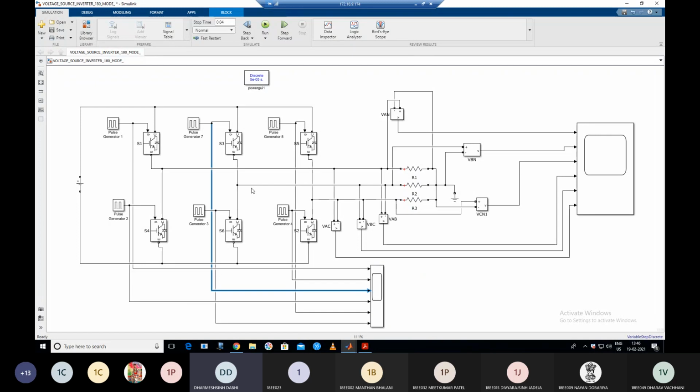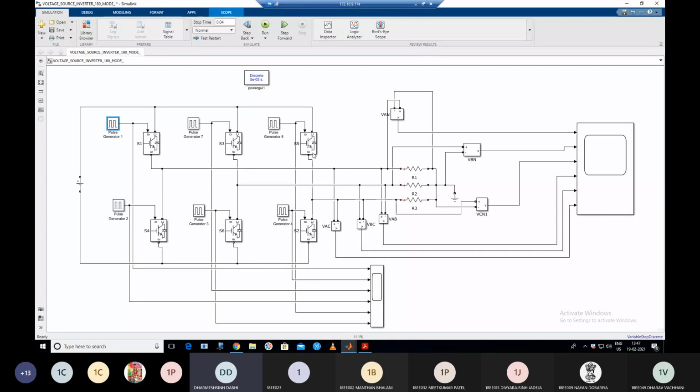Yes or no? Because all the switches turn on at the same instant, but the duration of conduction of the switch is different. Clear? So what change is required in pulse generator 1 for switch S1 if you simulate the 120-degree mode of inverter?